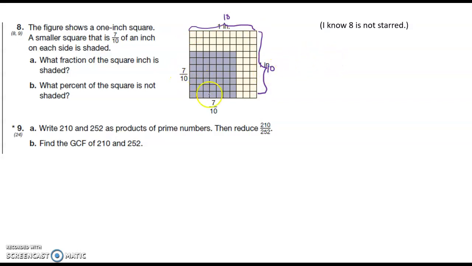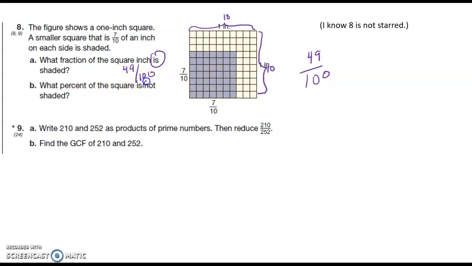So I know that this 7 by 7, I know I have 49 blocks in there. Okay, so I have 49 out of 100 that is shaded. Okay, and I can't reduce that. That's my answer to A. Because 7 times 7, this is 49. You can count them if you would like.